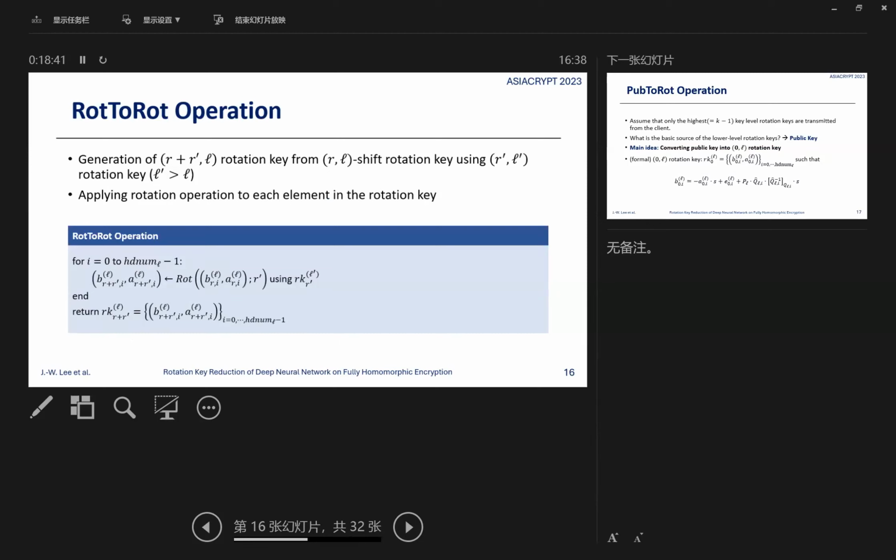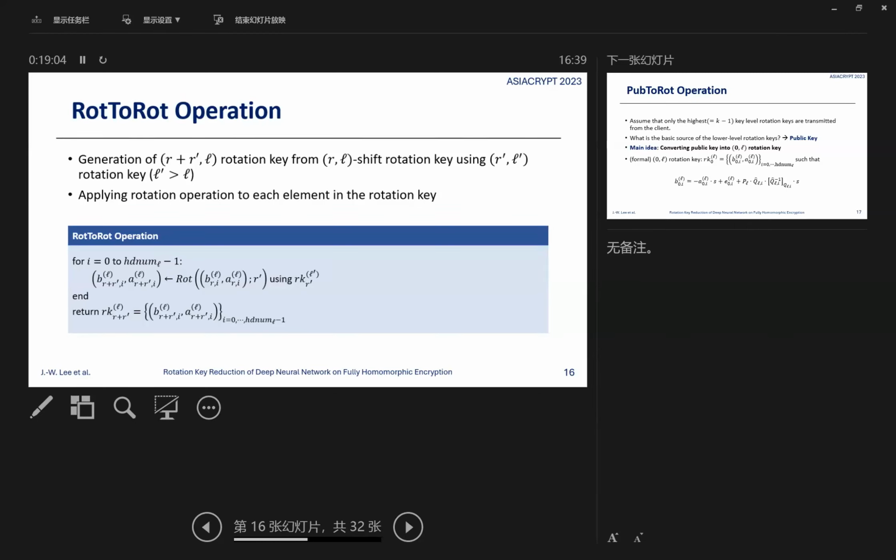And we have to generate rotation keys, so there are two algorithms. First is the root-to-root operation. The root-to-root operation is the generation of the R plus R prime L rotation key from the RL shift rotation key using the R prime L prime rotation key.